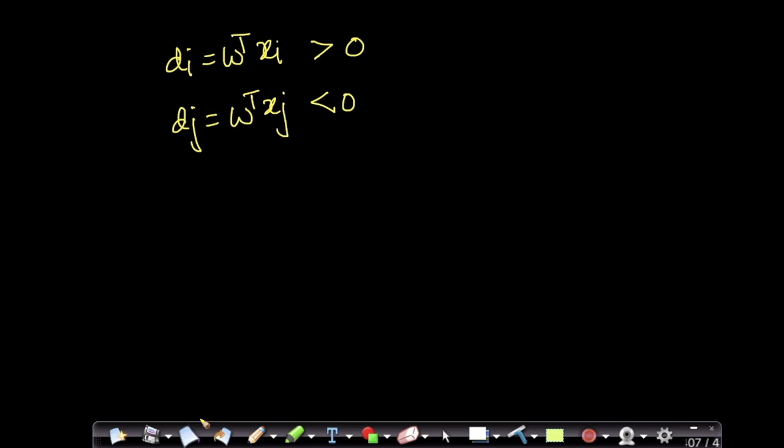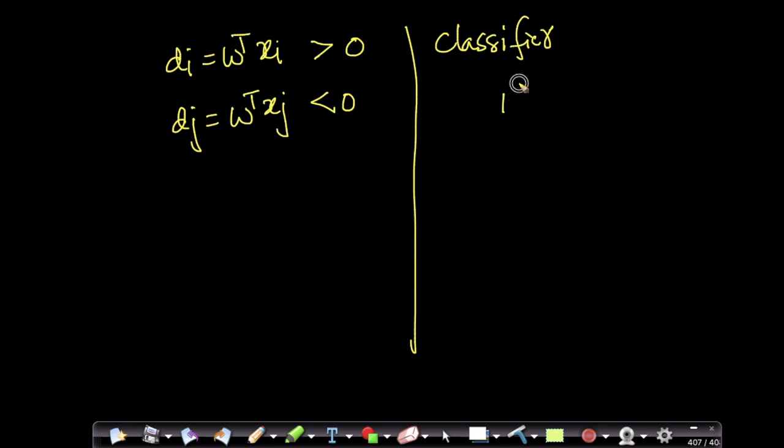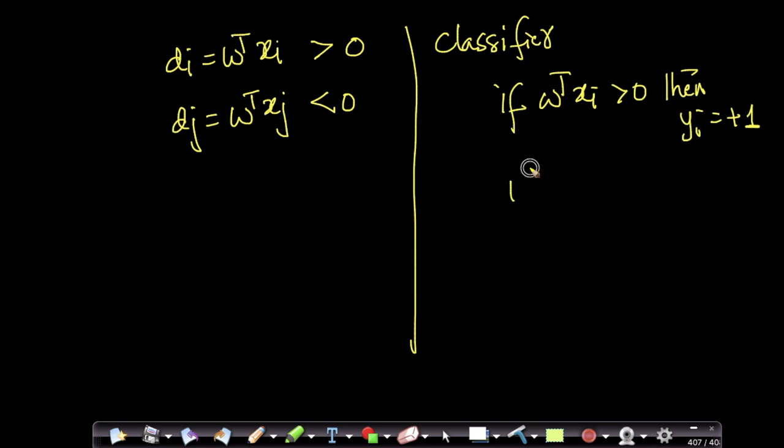So let's assume that is the final classifier that I built. How does my classifier look? My classifier says, if W transpose Xi is greater than 0, then Yi equals plus 1. If W transpose Xi is less than 0, then Yi equals minus 1.